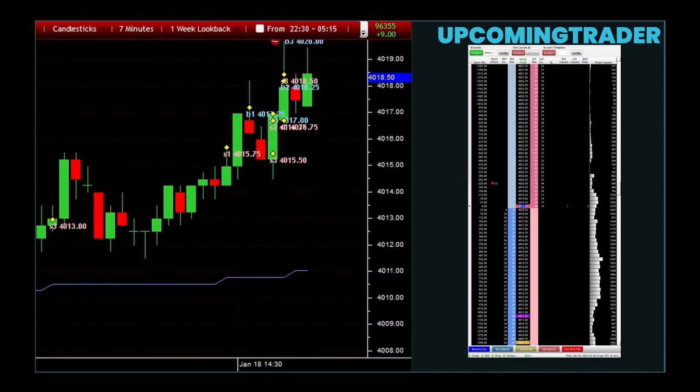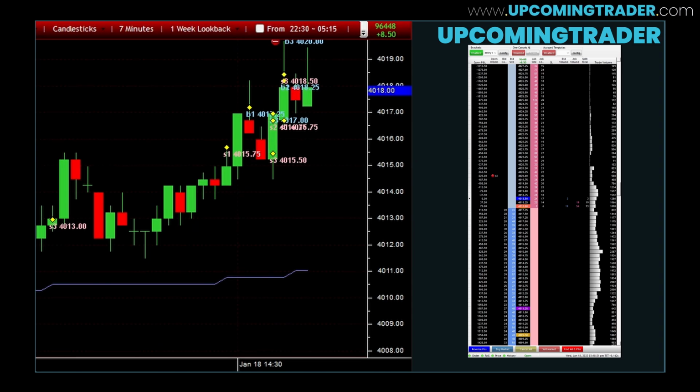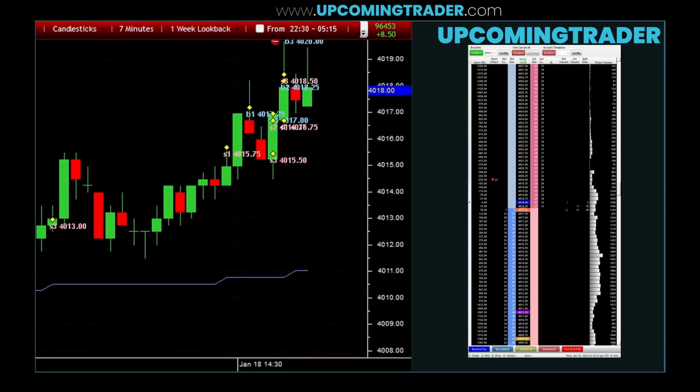Let us go over a few common mistakes that traders make when using volume profile. One of the biggest mistakes is ignoring low volume areas. Remember, price tends to move fast through these zones, and they can provide great opportunities. If you overlook them, you might miss some of the best moves.